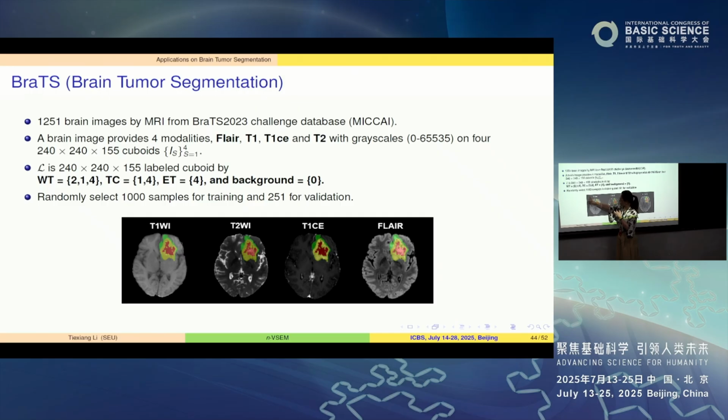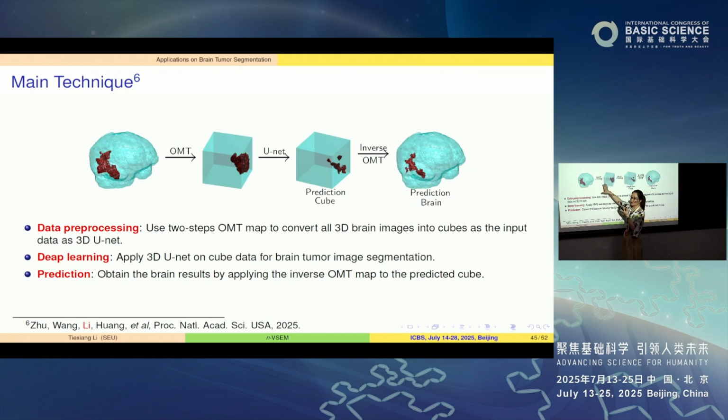We want to remove the background. So we transform the brain to a ball, then to a cube. The background disappears, giving low storage.